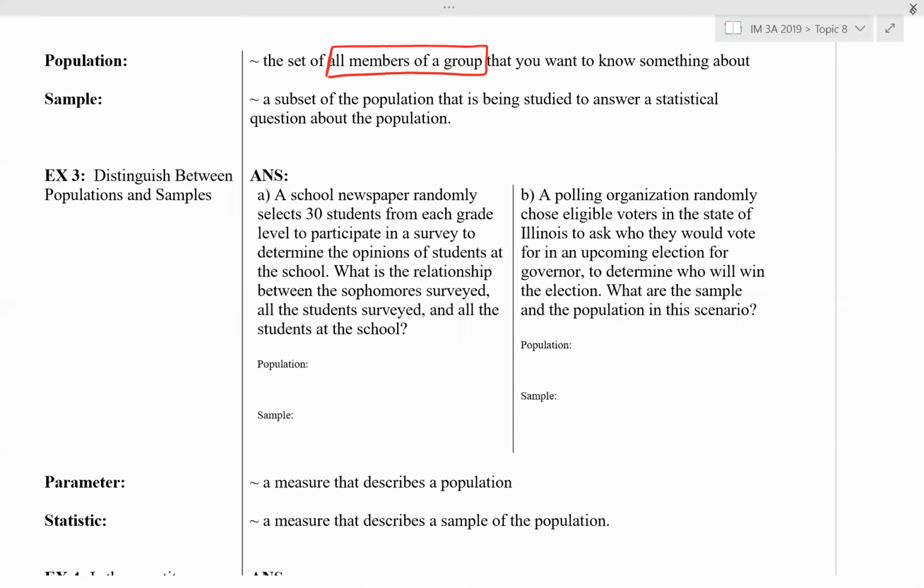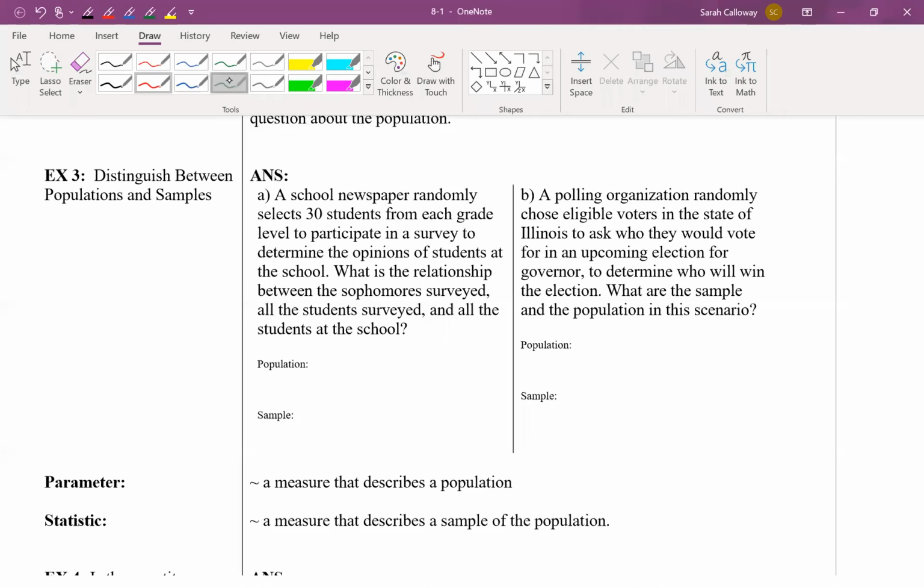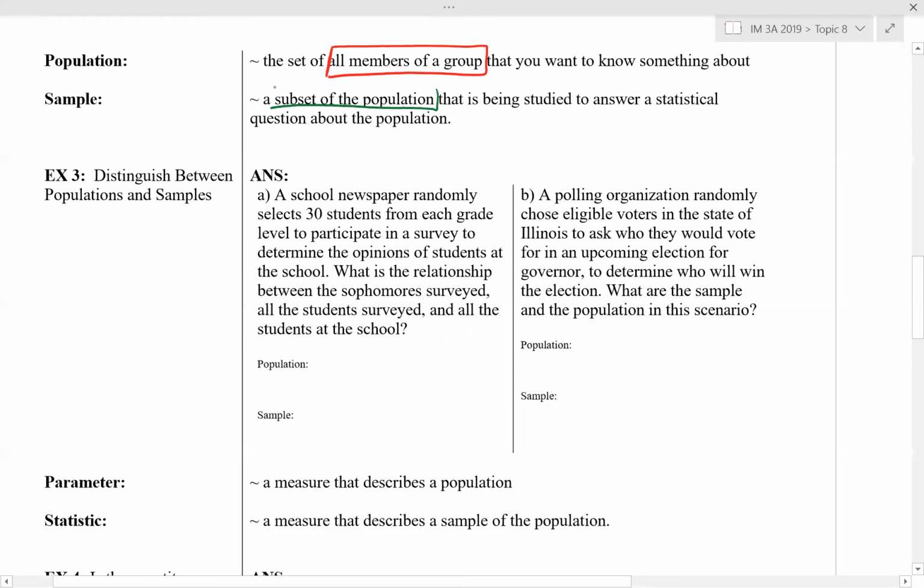Okay, so if I'm talking about all teenagers, I could look at a sample or a subset of the population that might be the students at our school, right? So all the students at our school can represent all of the teenagers in probably our country or our state, right? And so the sample is a smaller group than the population, right?